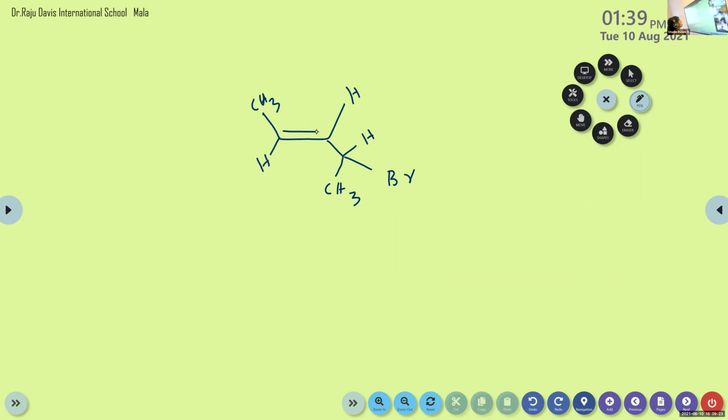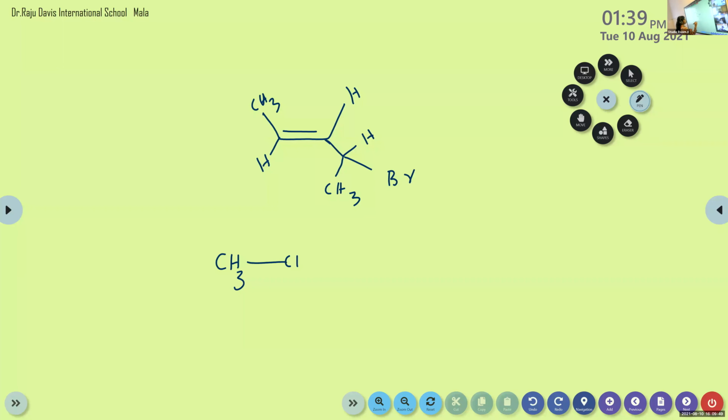Okay, can you name this compound? If such a question is given for you, you can convert it into straight chain. Okay. So you can write starting from CH3.